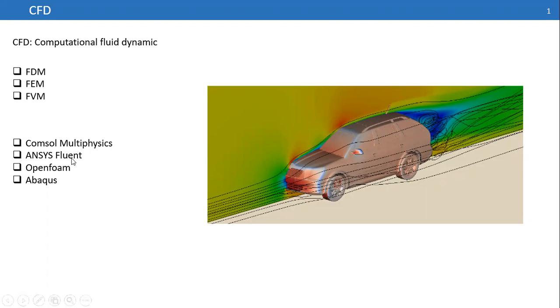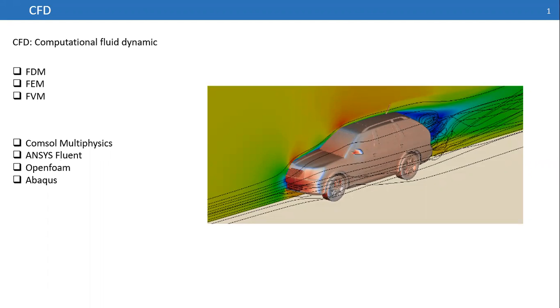ANSYS Fluent, especially, is a little bit lower in this respect. It's more difficult to simulate. For example, in the case of the reactor simulation that we are talking about, simulating a reactor is much easier in COMSOL Multiphysics.